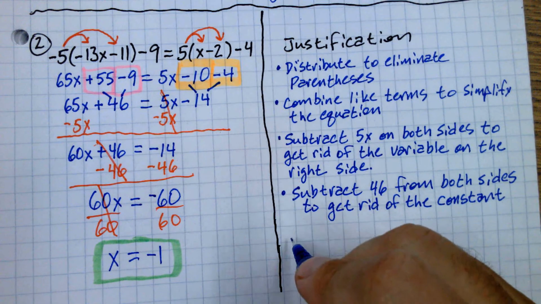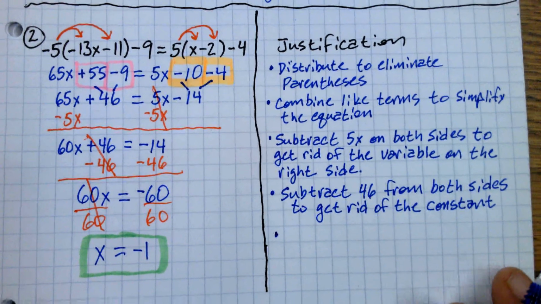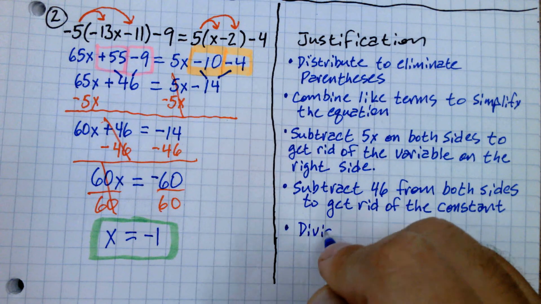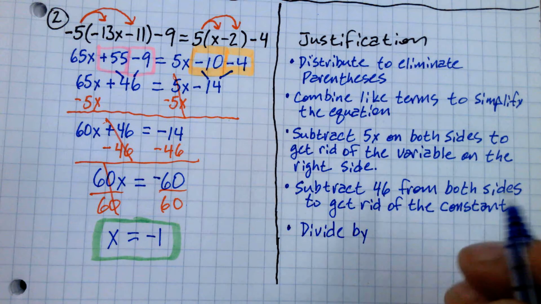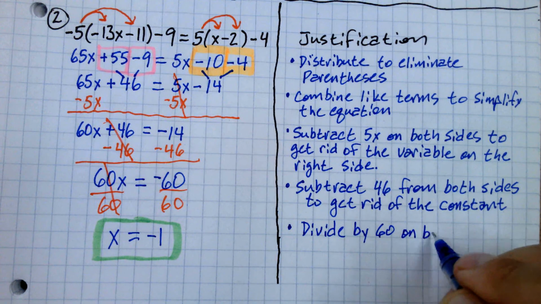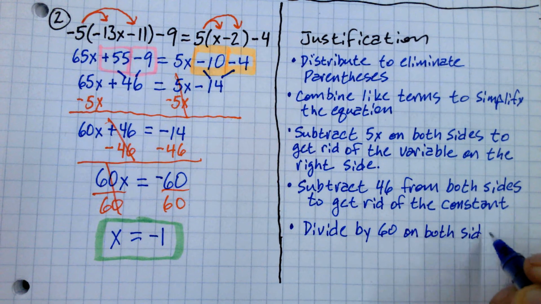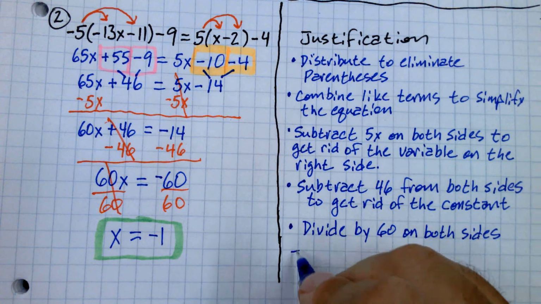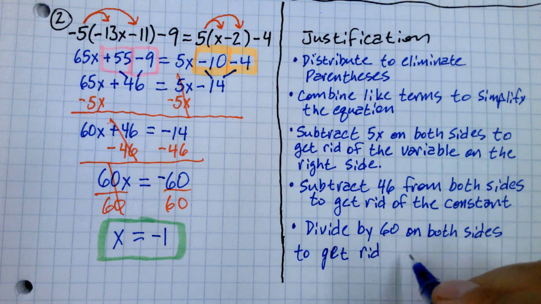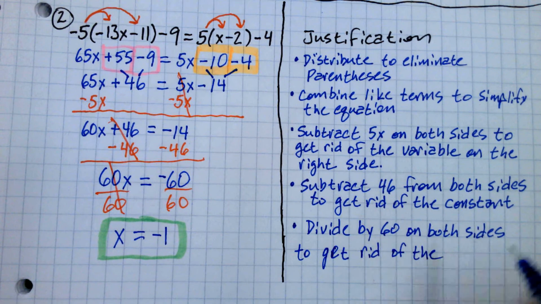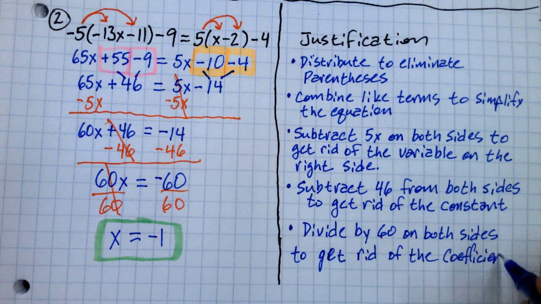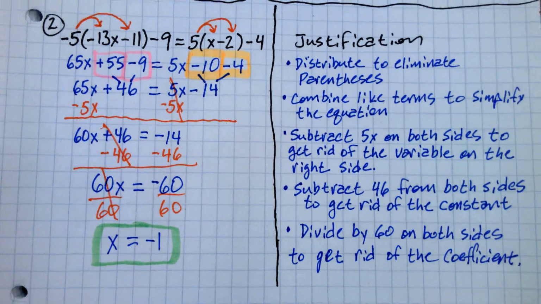Okay, so we're going to say divide by 60 on both sides. Coefficient.